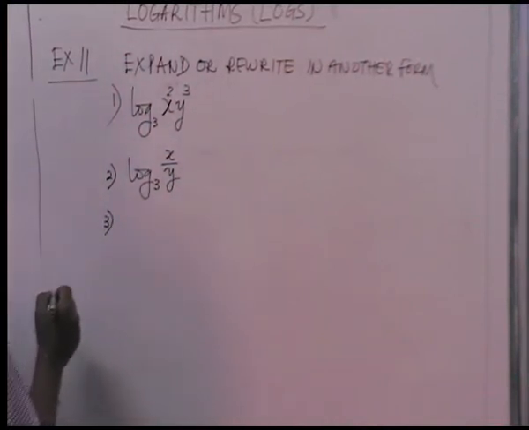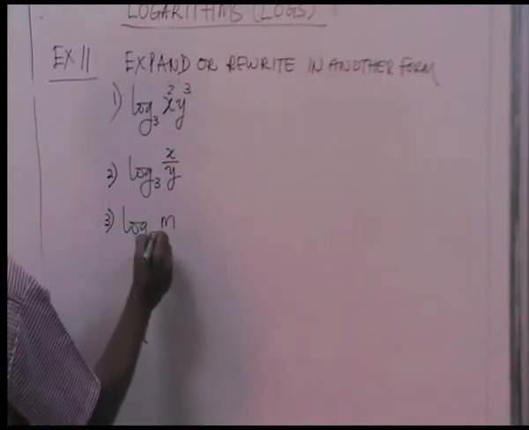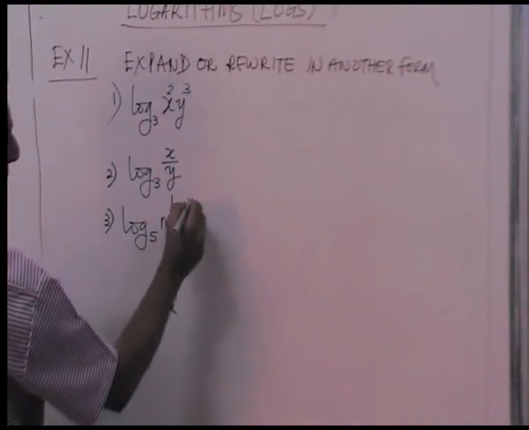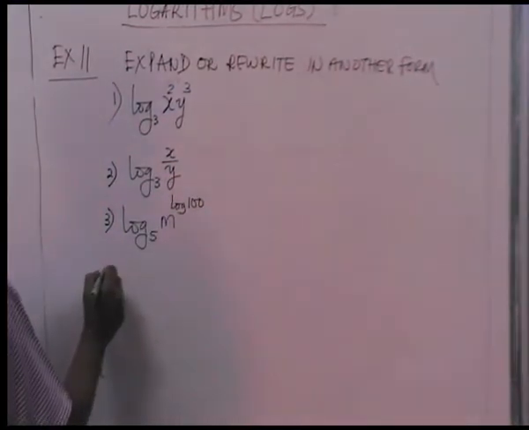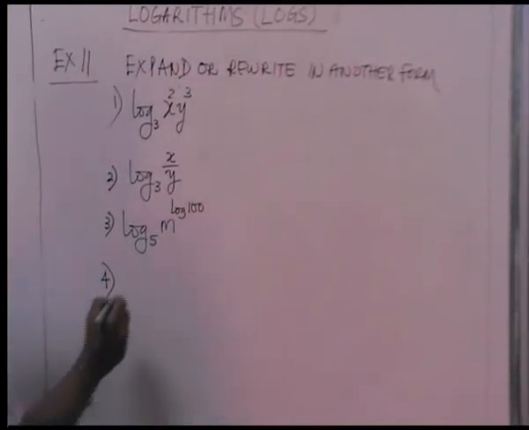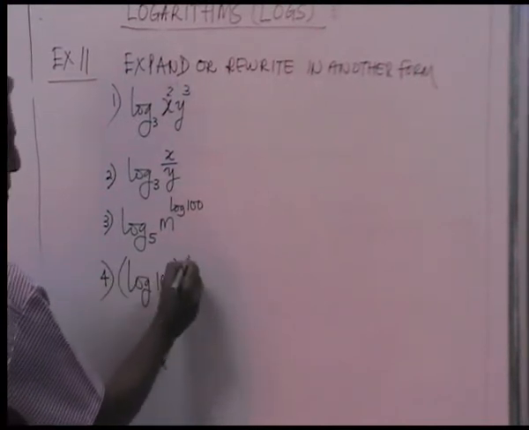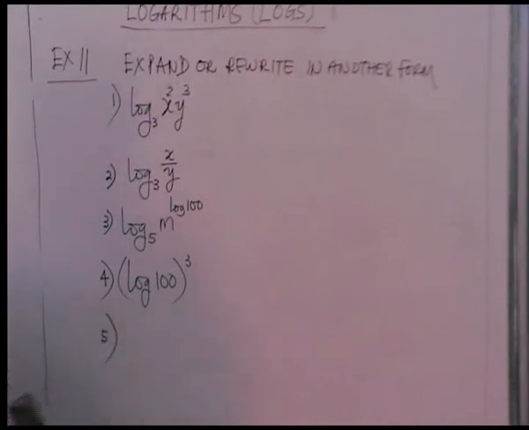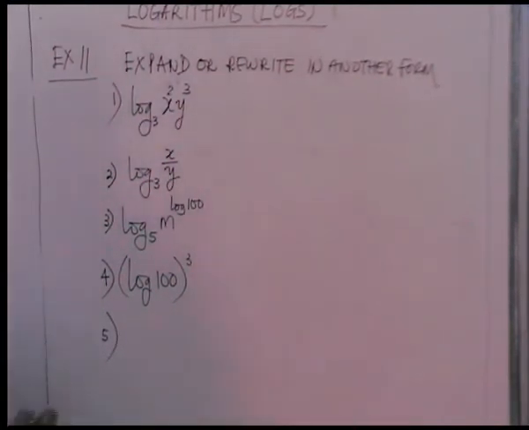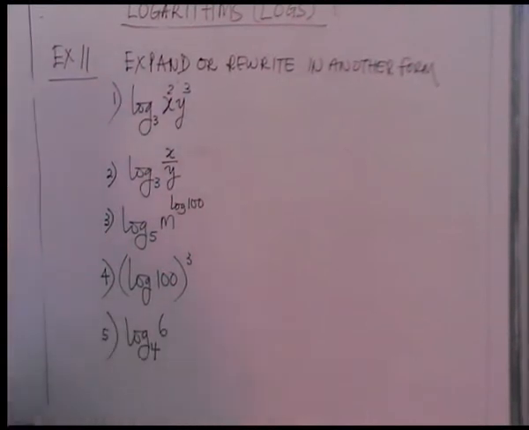Number 3, log of m to the base 5 to the index log 100. Number 4, log 100 all cubed. And number 5, log of 6 to the base 4.